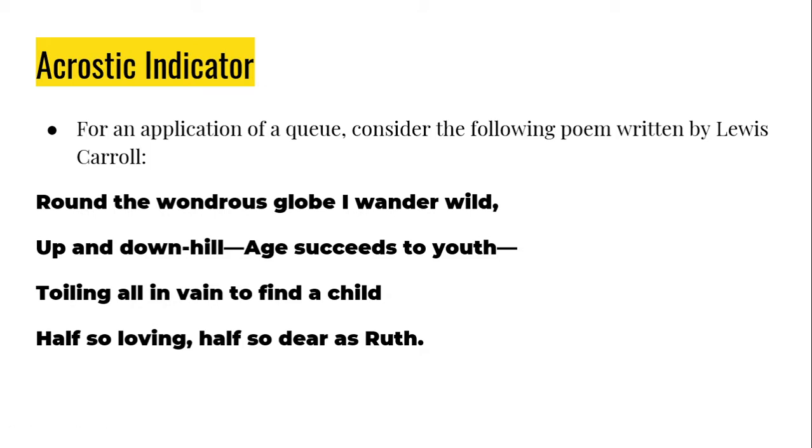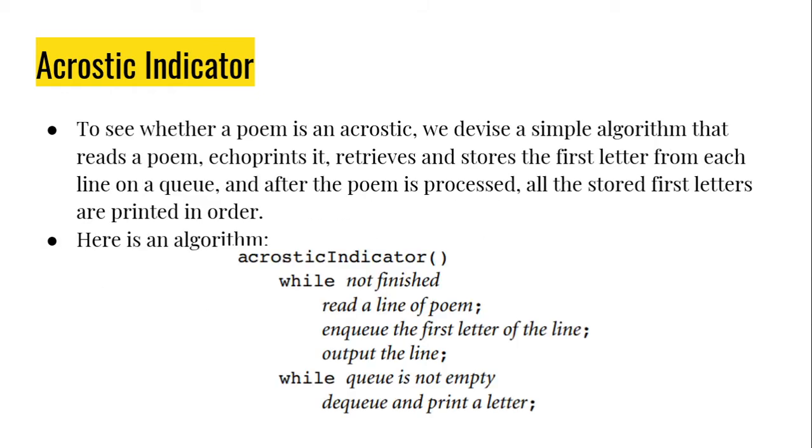This type of poem is called an acrostic, and it is characterized by initial letters that form a word or phrase when taken in order. So to detect whether a specific text or poem is an acrostic poem, we devise a simple algorithm for identifying it.